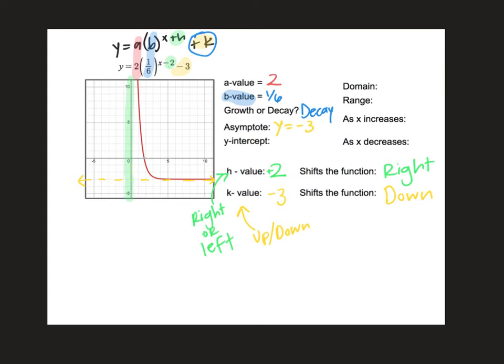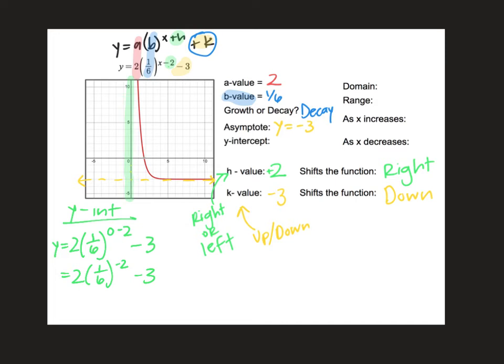So we're trying to find our y-intercept. We're going to have y equals 2 times 1/6 to the power of 0 minus 2 minus 3. If I simplify, we have 2 times 1/6 to the power of 0 minus 2 gives me a -2, and then minus 3.